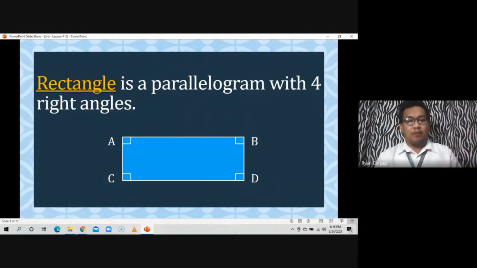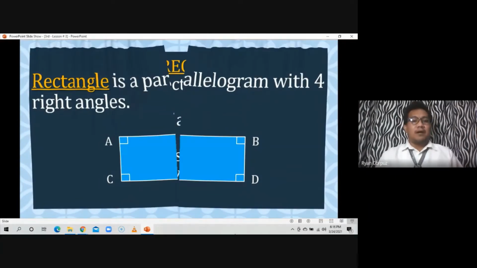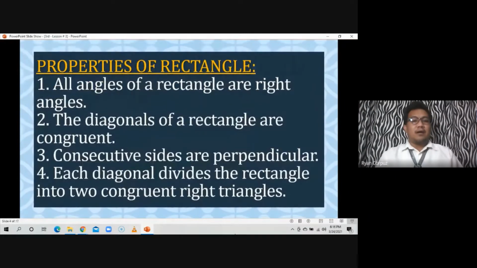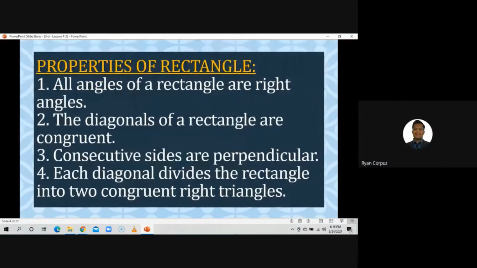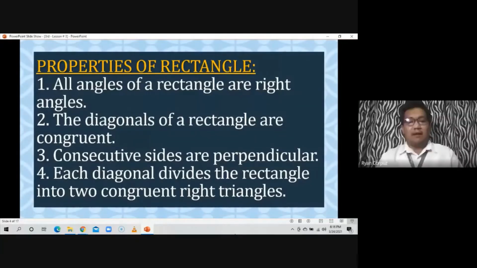So if the given figure is a rectangle and we are asked to solve a problem involving a rectangle, these properties will help us. Number 1, all angles of a rectangle are right angles. We already know that; it is also mentioned in its definition. Number 2, the diagonals of a rectangle are congruent.